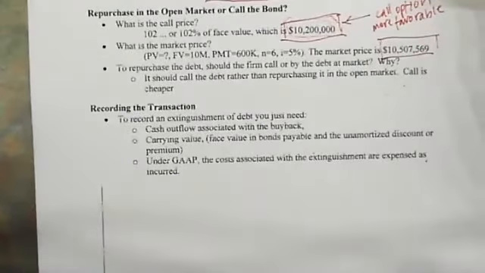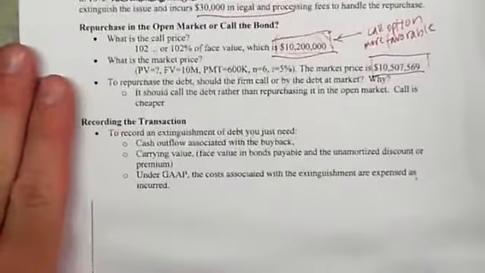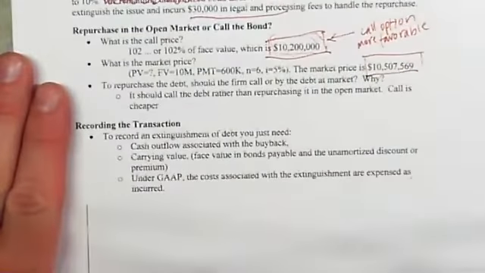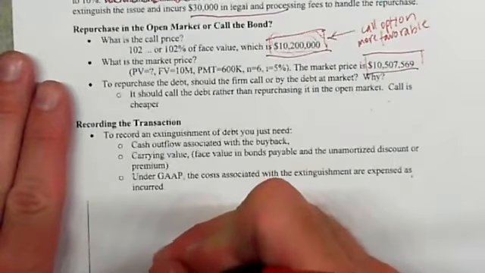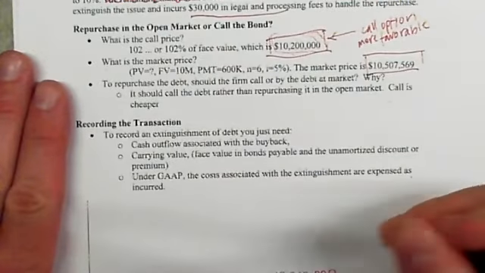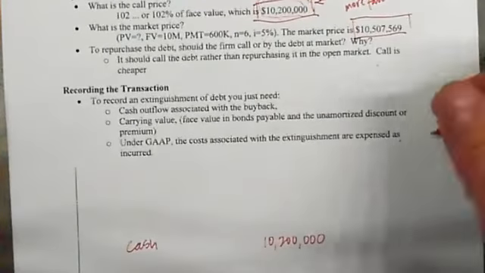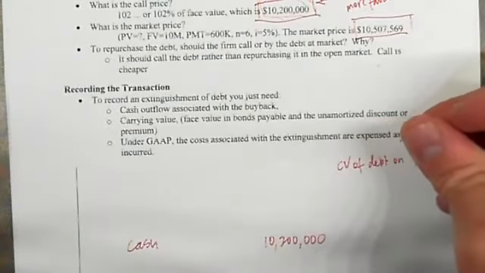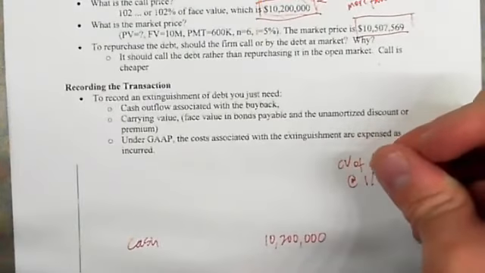So now we just put all the pieces together. We have the amount of cash we're going to spend on the call, which is $10,200,000. We have to figure out what the carrying value of debt on the balance sheet is at 1/1/19.